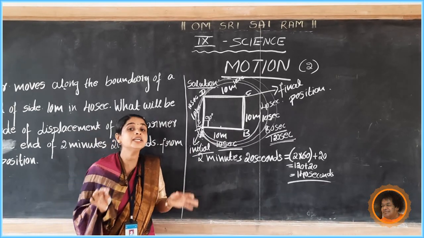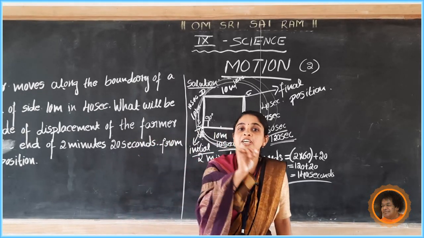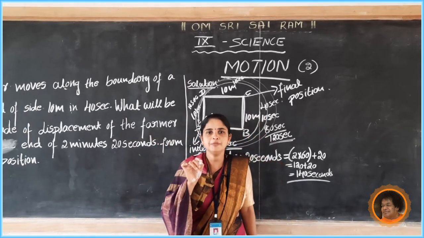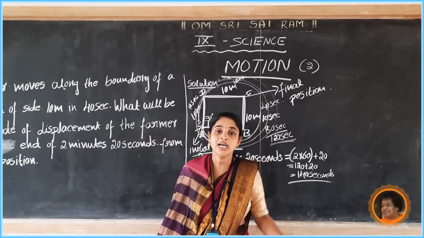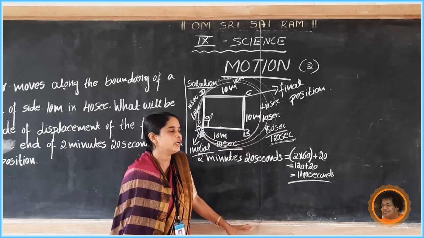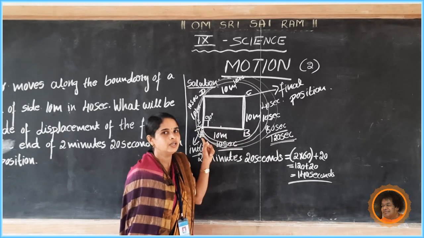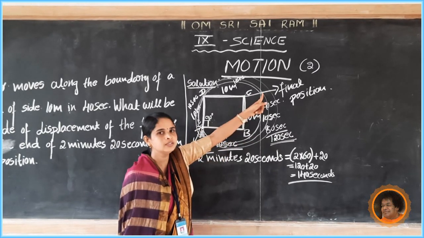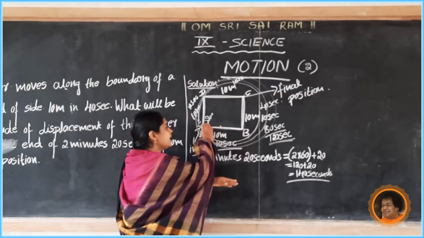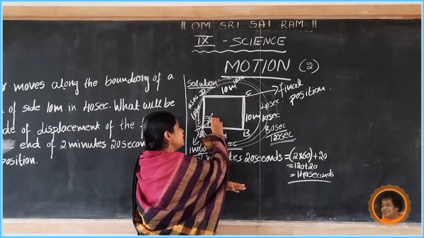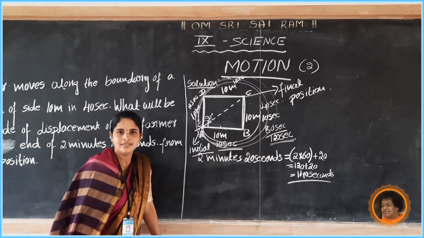Now calculate the displacement. Remember the definition of displacement. Displacement means the shortest distance between the initial and final position of the body. Here, the initial position is A and the final position is C. What is the shortest distance here? In this direction, in dotted line, draw this line AC.